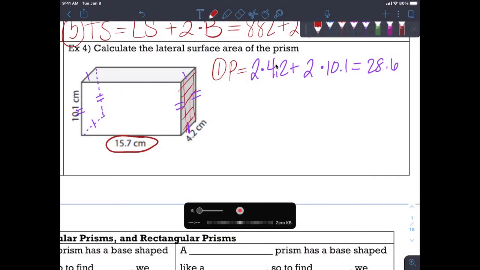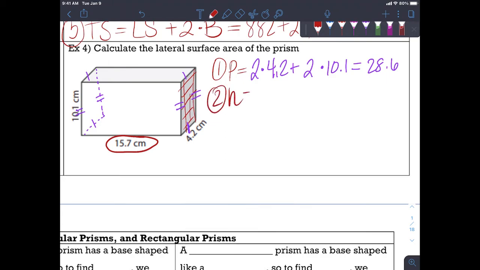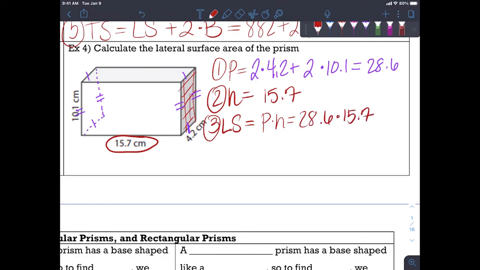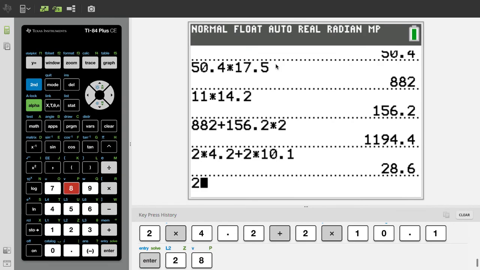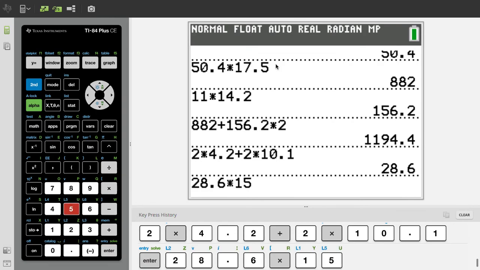So now I can go ahead and identify that height. And we already did 15.7 centimeters. Step 3. Let's calculate that lateral surface area. I have to multiply my perimeter and my height together. 28.6 times 15.7.